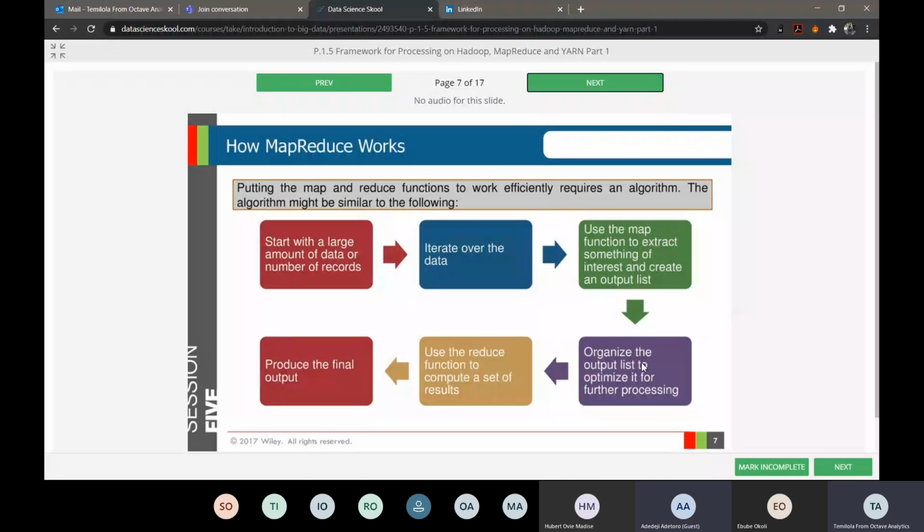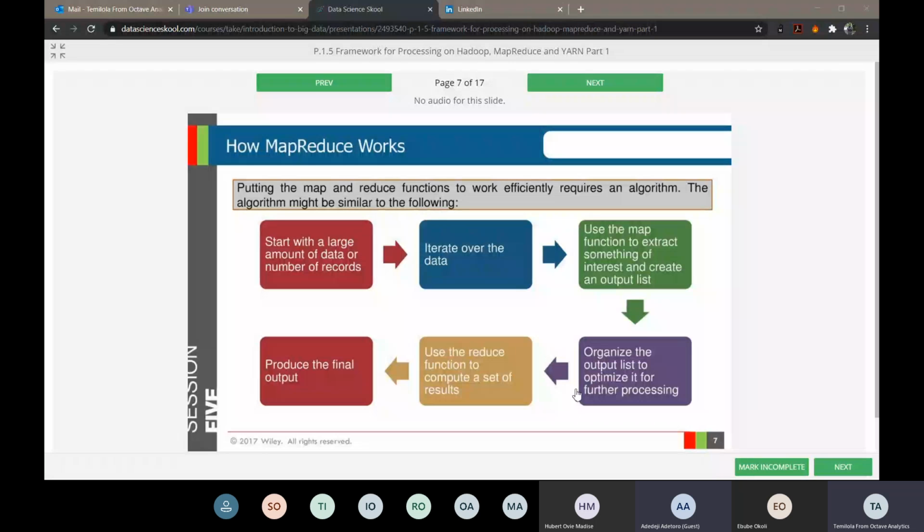Yes, sir. I thought that without the reduce function, the mapping can help you analyze your problem, but you can't really answer the problem statement Hubert gave now.